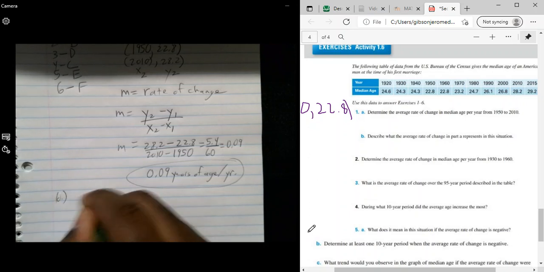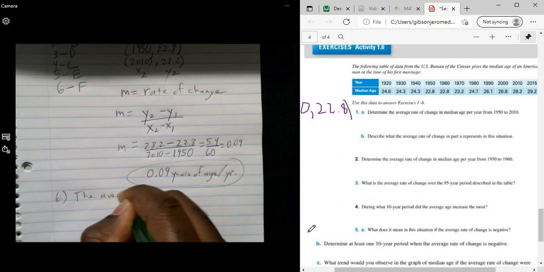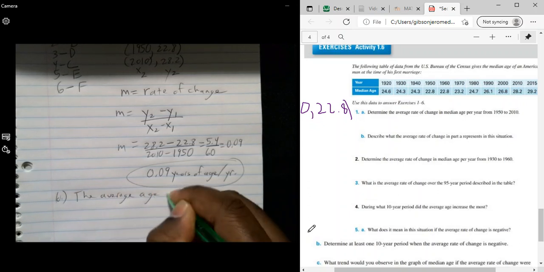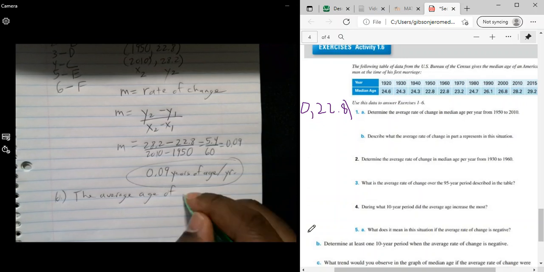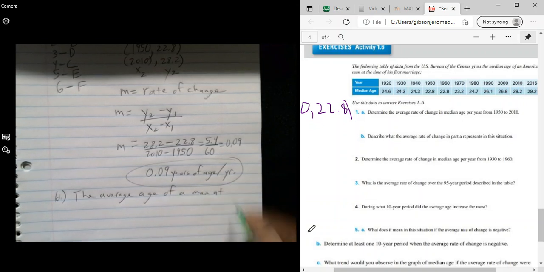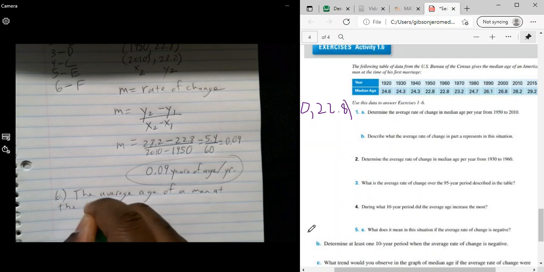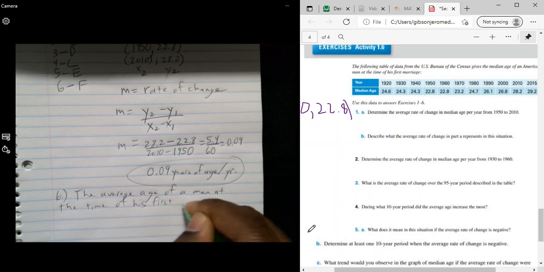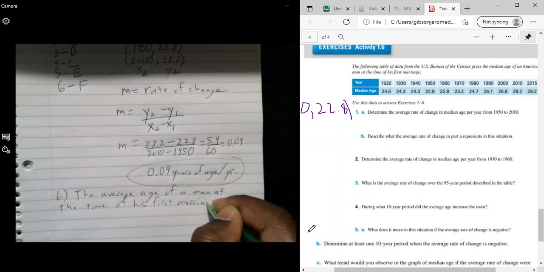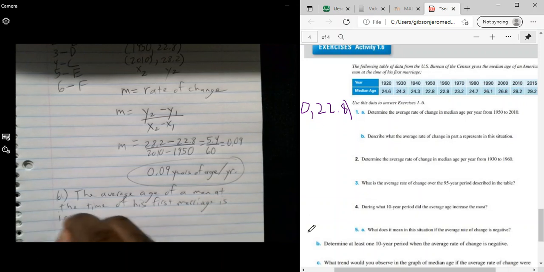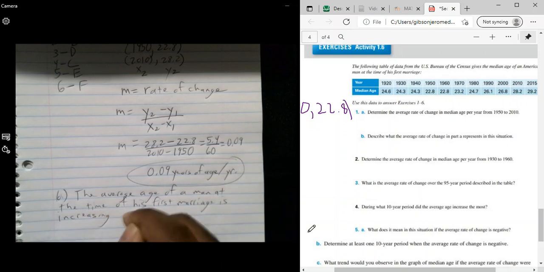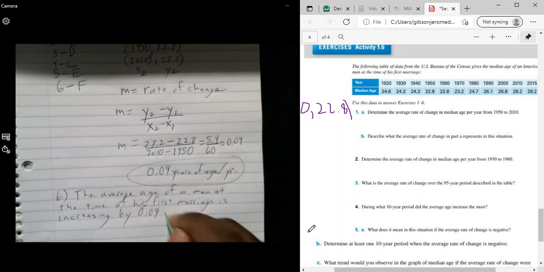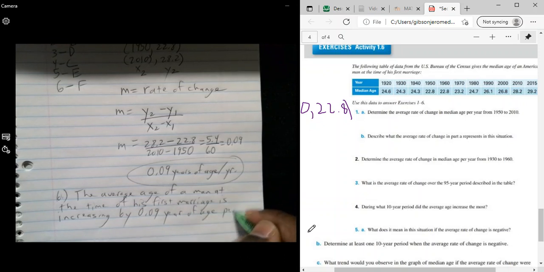Basically, the average age of a man at the time of his first marriage is increasing by 0.09 years of age per year.